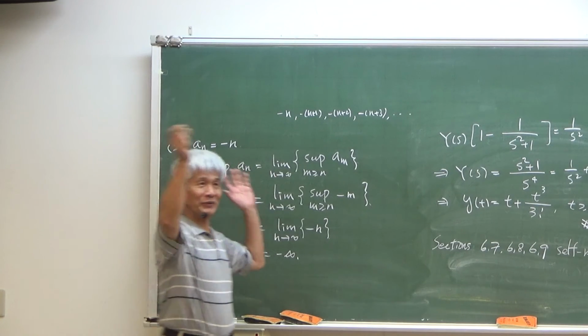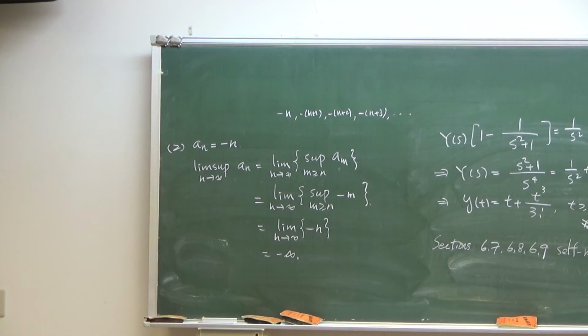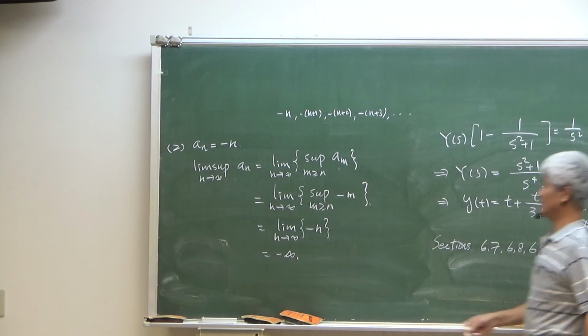So you can see the wide range, right? The limsup sometimes goes to infinity, sometimes goes to minus infinity.